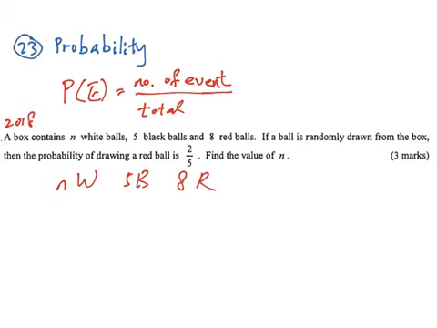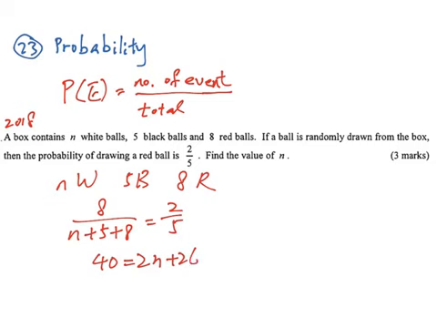The probability of getting a red ball is 2 over 5. So the red balls number 8, and the total is n plus 5 plus 8, which is equal to 2 over 5. After that, we do cross multiplication, so we get 40 equal to 2n plus 26. So n is equal to 7.